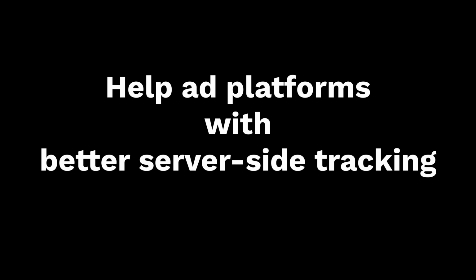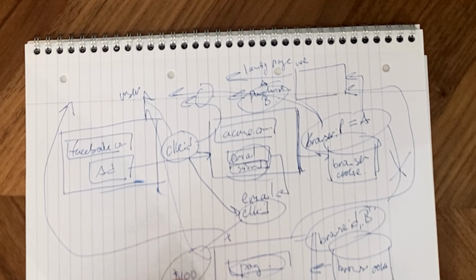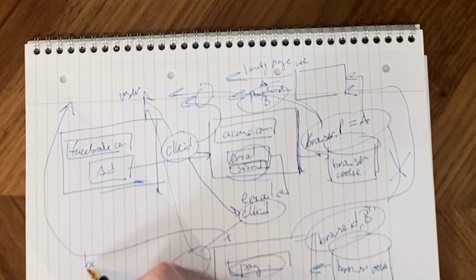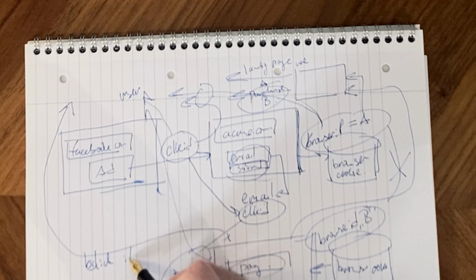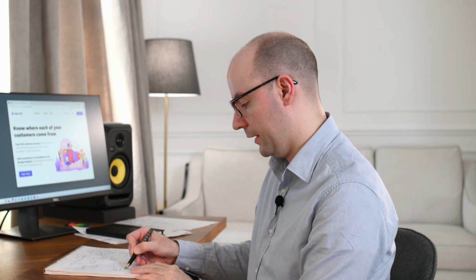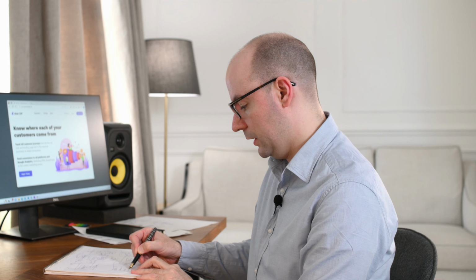You would do this by looking at the click identifier that's been sent initially and connecting the details of this purchase with this click identifier, and then sending that as an event that will contain all the information. It will contain the click identifier, browser identifier, email, purchase value, and so on.